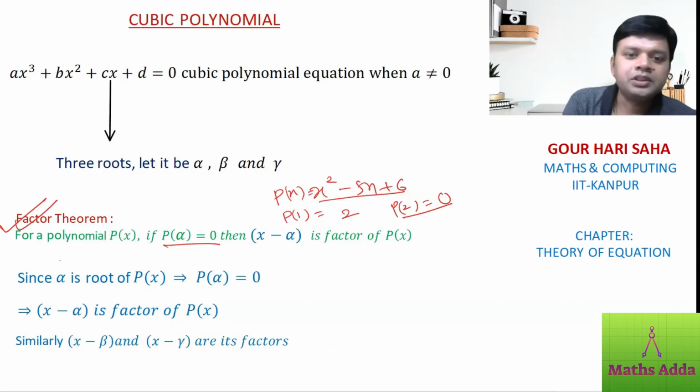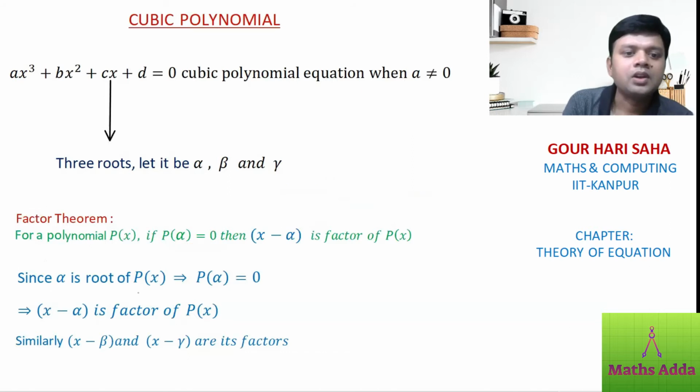Now I am using that factor theorem here with this cubic polynomial equation. If alpha is a root, this means alpha will satisfy it. If you put alpha, that is a alpha cube plus b alpha square plus c alpha plus d, it will certainly be equal to 0.